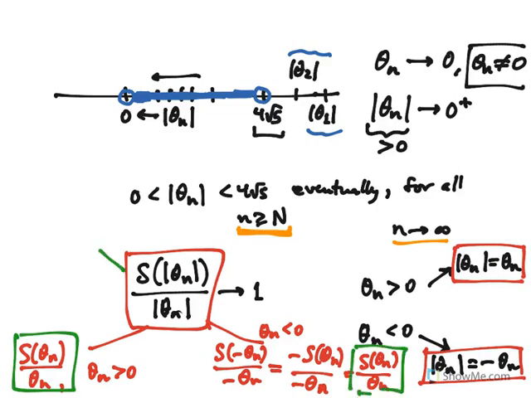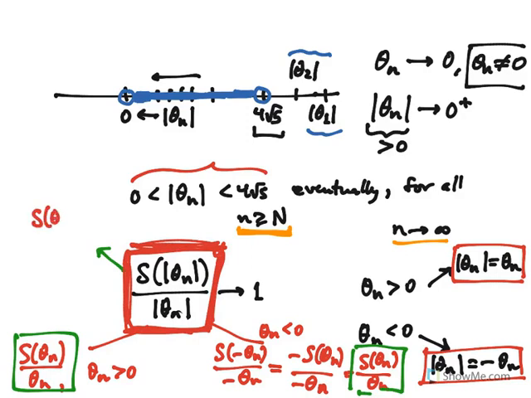So basically, in all cases, the expression in this red box, which is the thing we really know goes to 1 by the squeeze theorem, since we have the correct range, can always be rewritten in this way. And therefore, it's correct to conclude that this expression approaches 1, too, simply because these two expressions are exactly equal to each other, regardless of whether theta n is positive or negative.